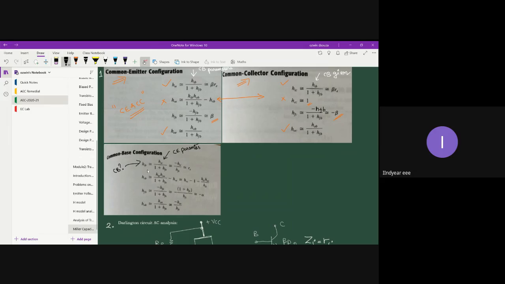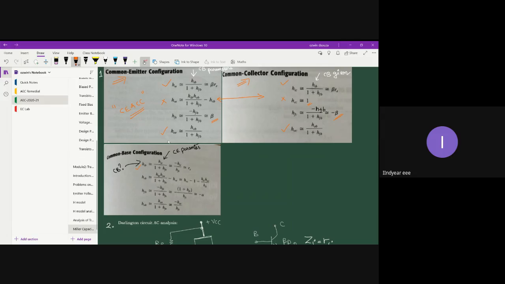HIB, if you look at this particular equation, you have been given CE, so HIB is equal to the same equation: HIE divided by 1 plus HFE. I'm not explaining anything over here, I'm just trying to help you figure out the similarities. It takes some time to memorize these equations. No worries.